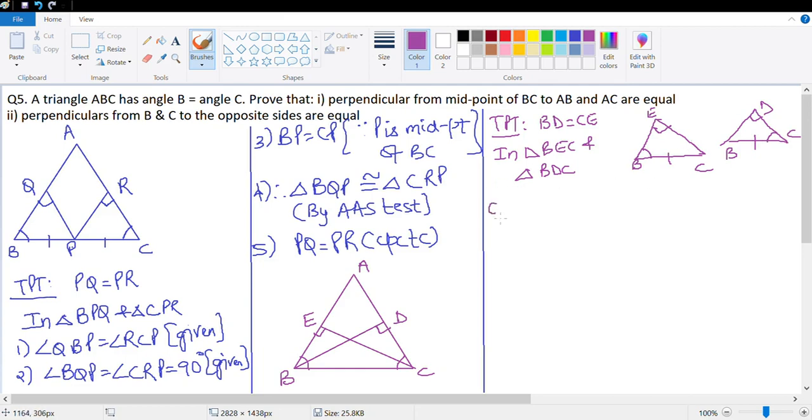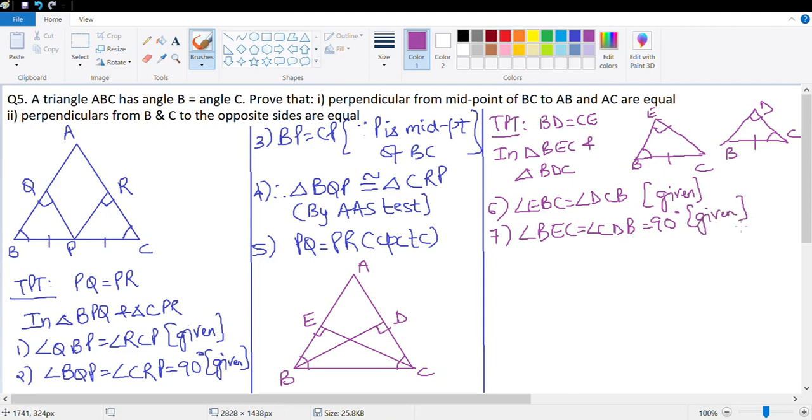So point number 6, angle EBC is equal to angle DCB, reason given. Point number 7, angle BEC is equal to angle CDB is equal to 90 degrees. This is also given. And then the last part, BC is equal to BC.